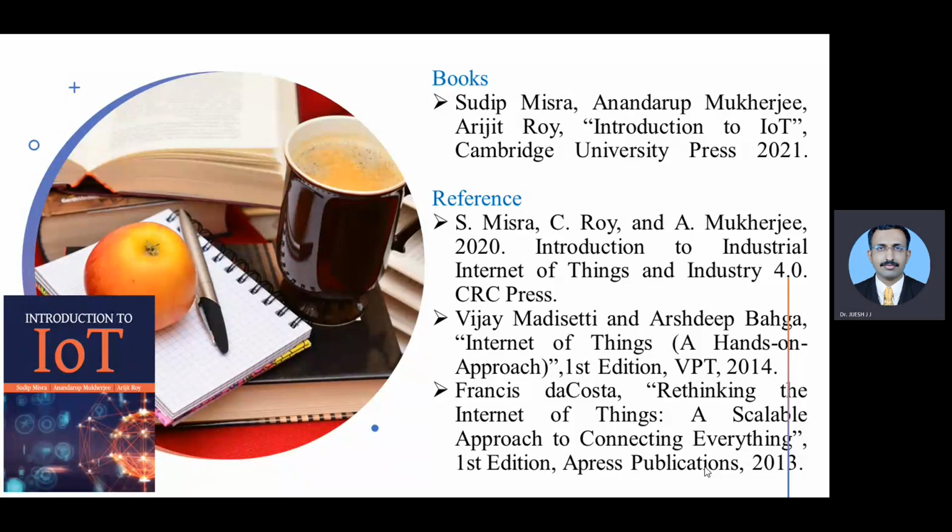Okay. If you want to read further, you can read these three books, which are called reference books, along with this book. You can just note down that book name. It is very important for you to understand this book to be followed. So you can just write Sudeep Mishra, Introduction to IoT. This is the front sheet of the book.